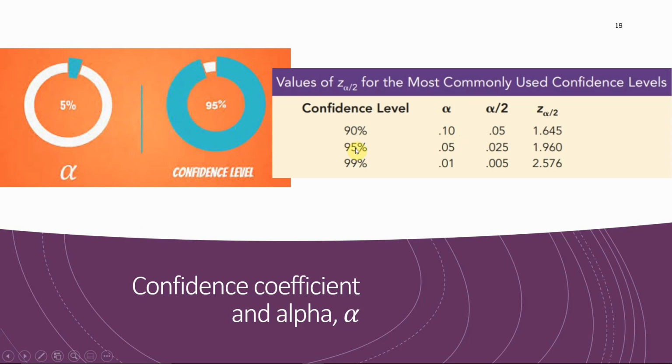For example, we worked with 95%. That's the confidence level, therefore alpha is 0.05. Remember, we had to divide alpha by 2 to get 0.025, which was the area under the curve. Then when we calculate our z-scores, we put in this value to get that z-score. See how it's 1.96.